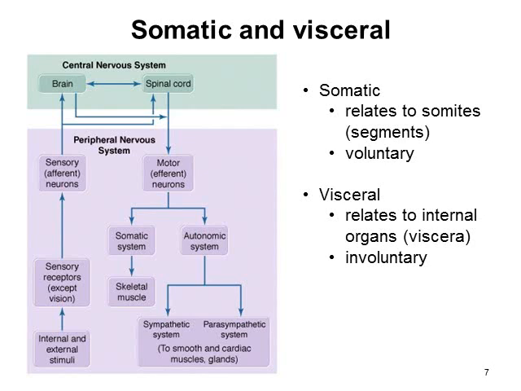Looking at the diagram, you have the central nervous system at the top, which consists of the spinal cord and the brain. There's virtually constant interplay between these two structures throughout the body. Information goes backwards and forwards to the brain via the spinal cord.